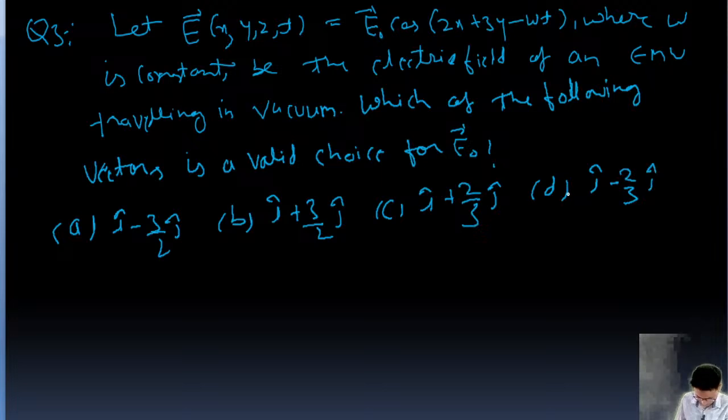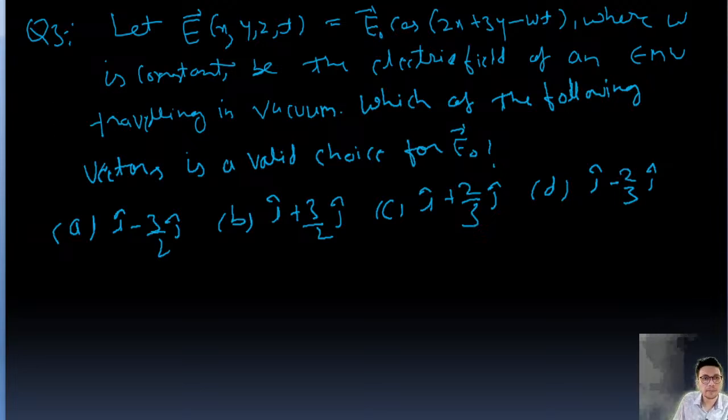So this is the question. Let E equal E naught cos(2x plus 3y minus omega t), where omega is constant, be the electric field of an electromagnetic wave traveling in vacuum. Which of the following vectors is a valid choice for E naught? That's what we need to find out. Very simple question, guys.